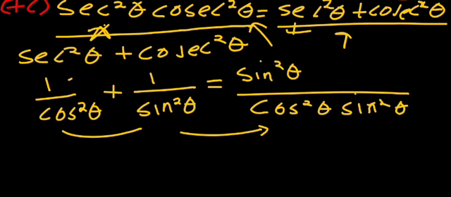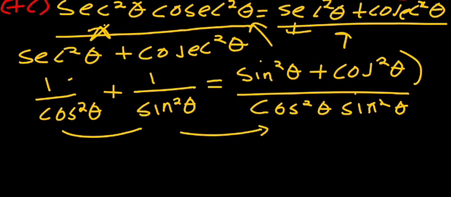For the numerator, we can use the Pythagoras identity, which says that cos squared theta plus sine squared theta is equal to 1.